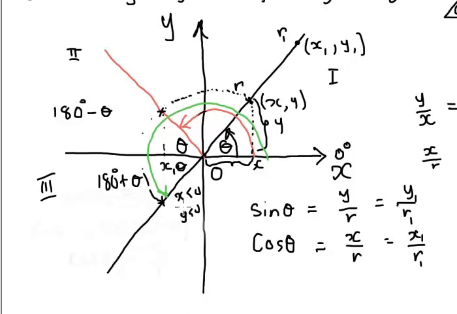They will divide to give us positive, isn't it? But they are positive both. They will divide to give us positive. So now what I'm saying here is that sine of theta is equal to sine of 180 plus theta. Do you see that?